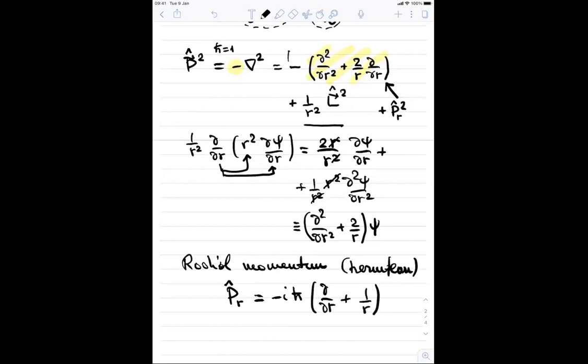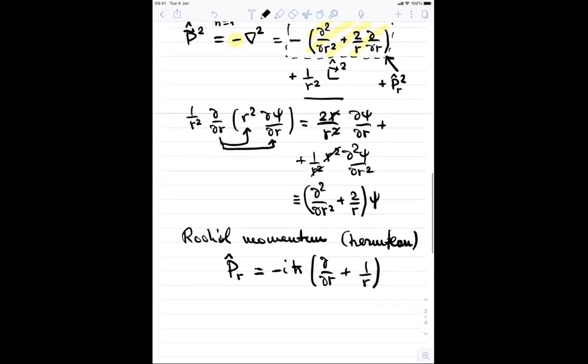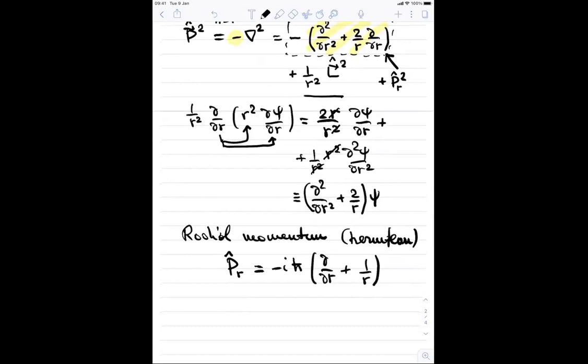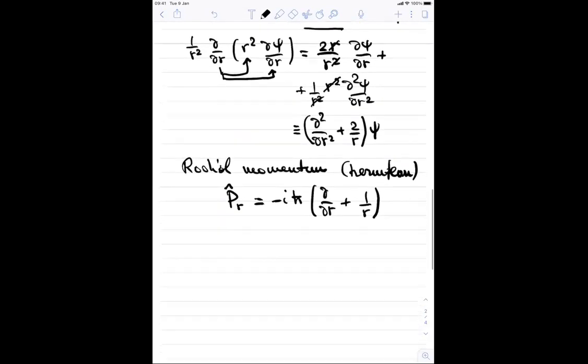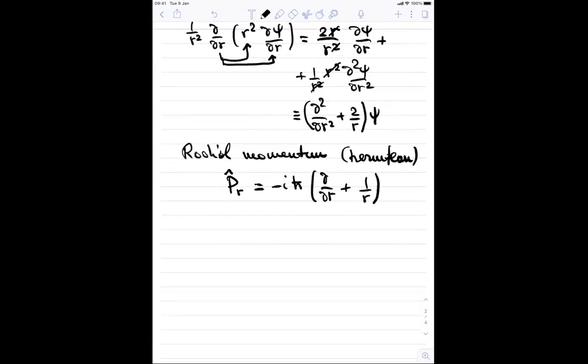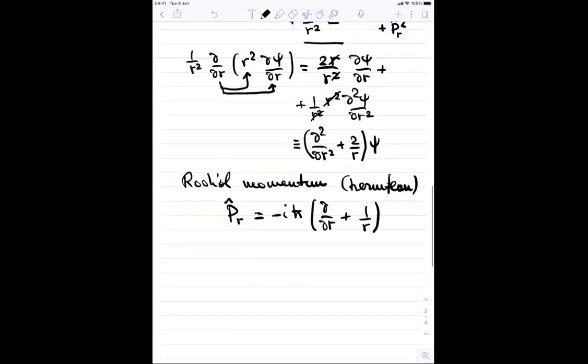So the full object that you see there is P_r square. Let's end this slightly dry story here.